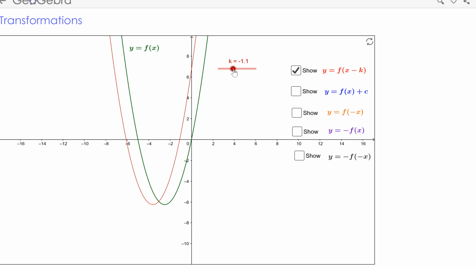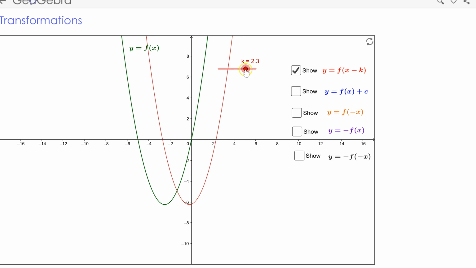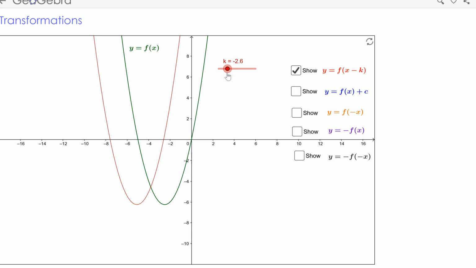So if k is a positive number, so I'm subtracting a positive number, the curve will go to the right. If k is a negative, so I'm subtracting a negative, which means adding, then my curve will go to the left.